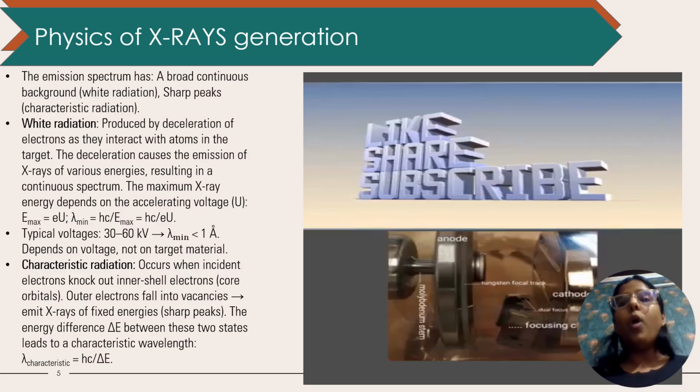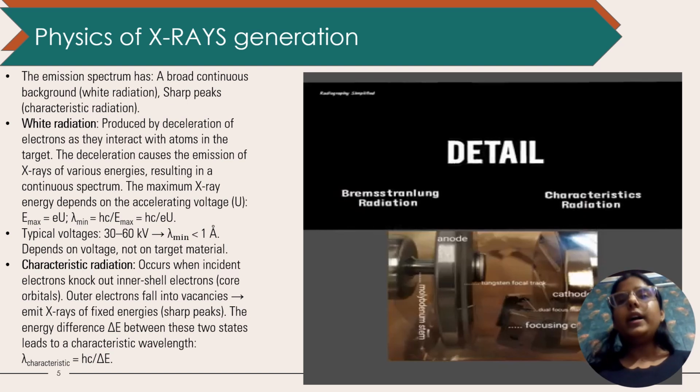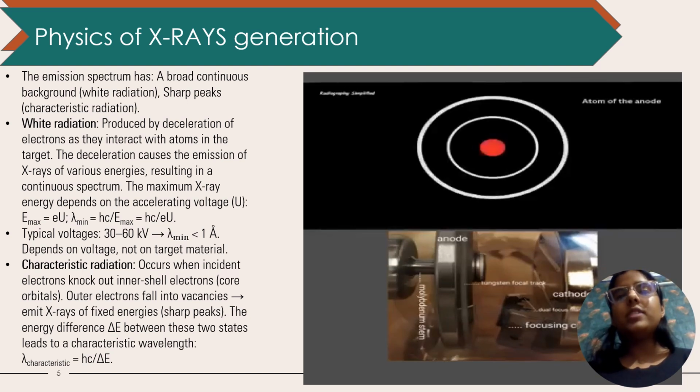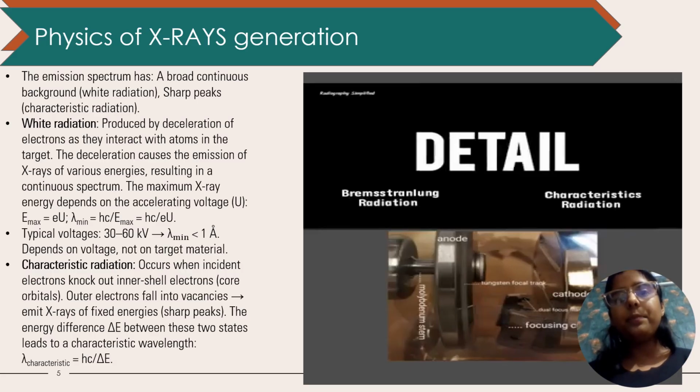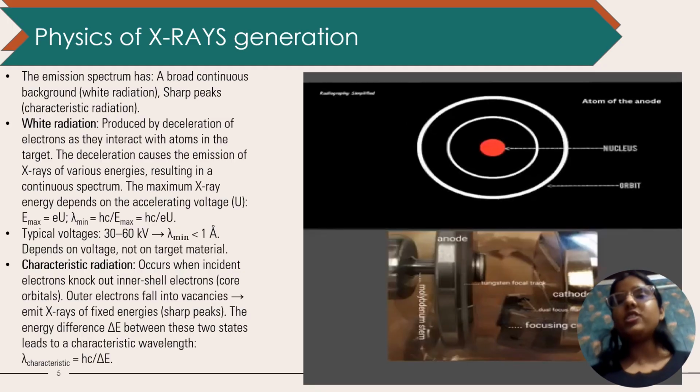Now in this small animation we can see how these two types of radiation are generated. White radiation is sometimes called Bremsstrahlung radiation, which is a German name.